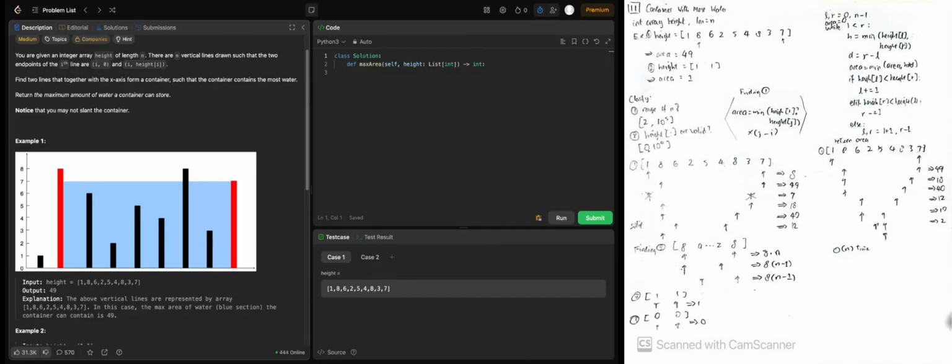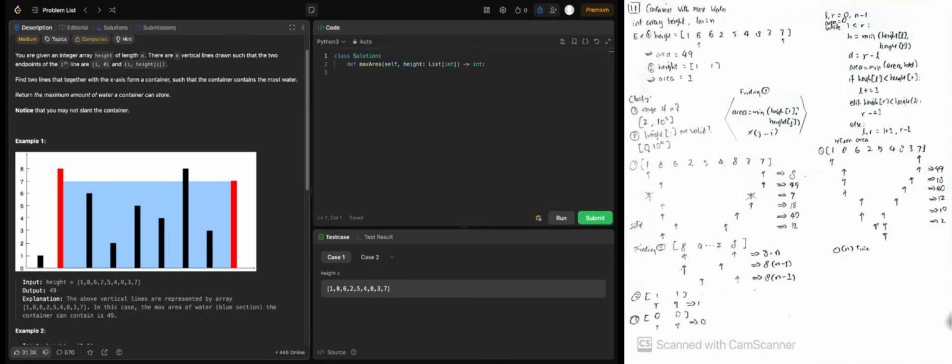Then this would give us 3 times 6, which is 18. Then again we move it to the right. 8 times 5, 40. Then we move at the same time. This gives us 4 times 3, 12. Then 6 with 5, which is 5 times 2, 10.